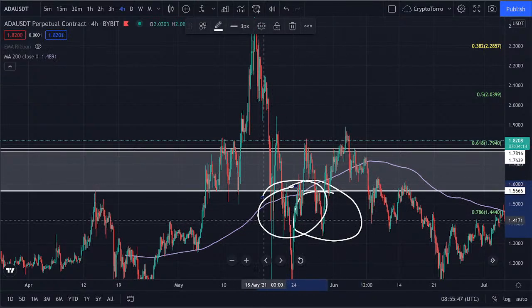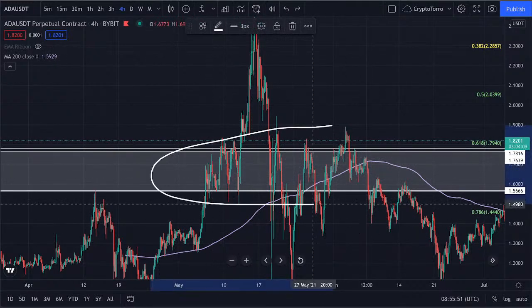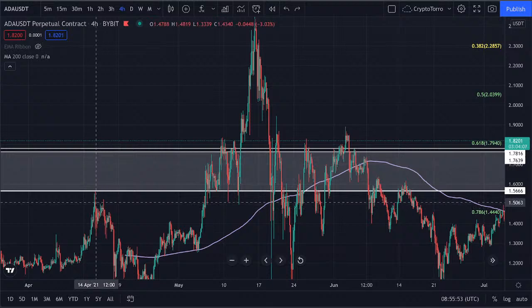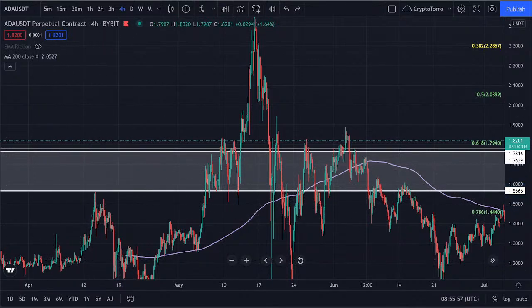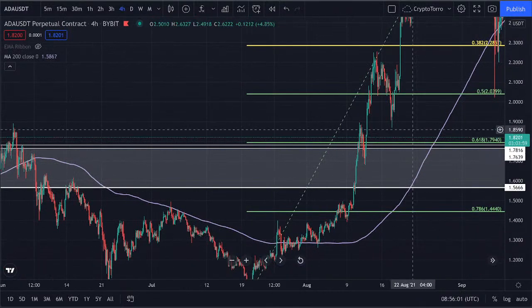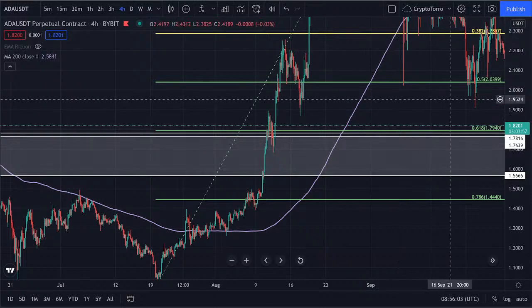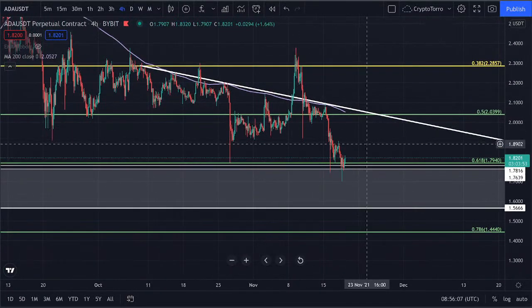So this area is actually very significant in the price action of Cardano. This is absolutely important. Also, way further back, we did see a rejection at that point in time. So this is absolutely a very important level of support and resistance. And therefore, we would like to stay actually on top of this range before heading even further.